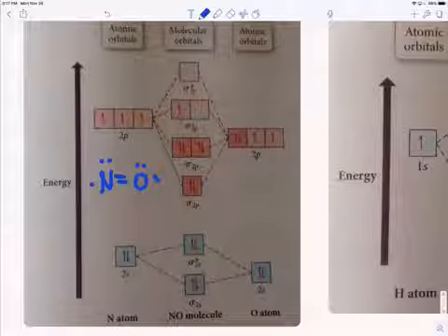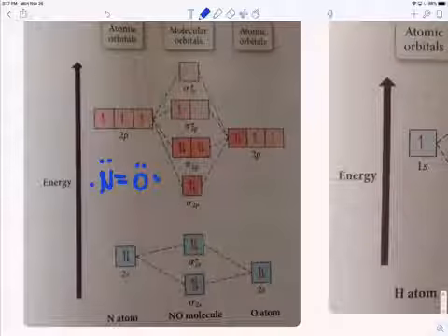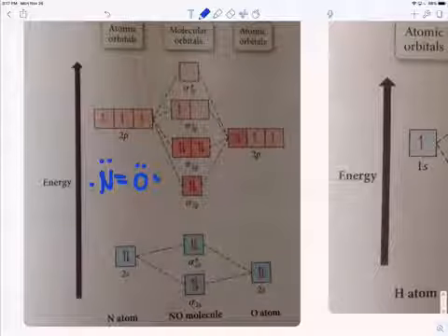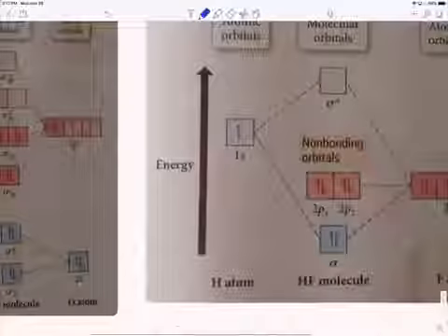Here's nitrogen, here's oxygen. The difference is that the energy levels are different. For homonuclear, they are exactly the same because they're the same atom, but these are different. So the energy levels are slightly different. It skews them a little bit. So it still forms similar orbitals, but it's not as symmetric.